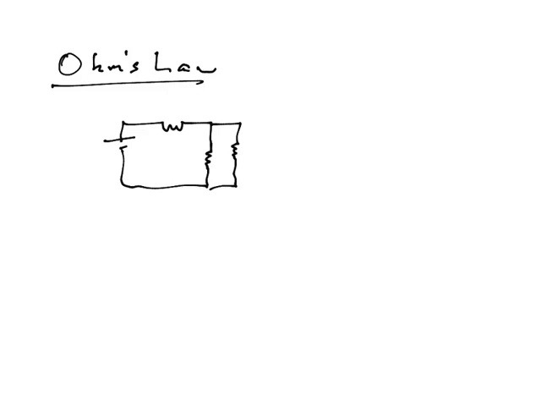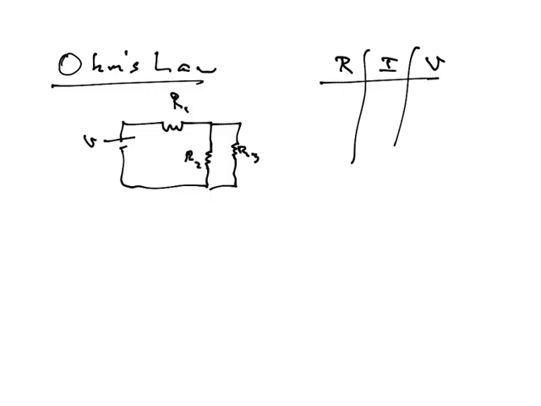I want you to fill in this kind of a table: R, I, V. So let's say this is R1, this is R2, this is R3, and this is our voltage source. For R1, R2, and R3, I want to know what is the current running through the resistor and what is the voltage dropped by the resistor. So this is how all the questions on the test are going to look. You're given a circuit, fill in the table.